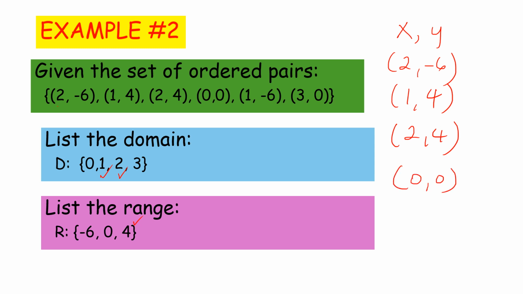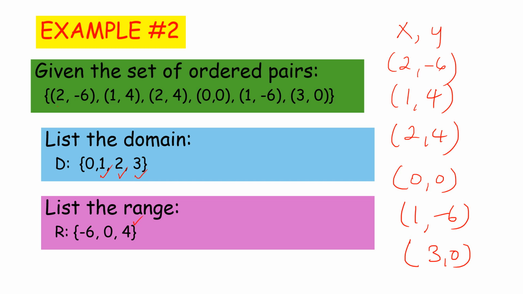So now we're going to add that, the 0 and the 0. Good. The next set of coordinates are 1, -6. We have the 1 already, and we have the -6 already. Then we're going to write 3, 0. So we had 0 already, and we just add 3.